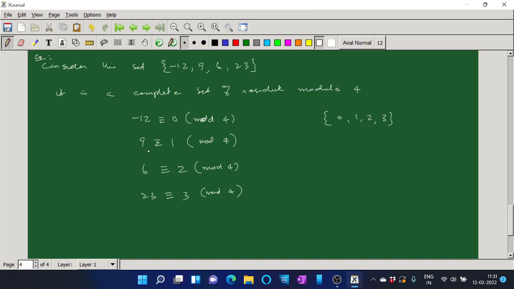So, minus 12, 9, 6, 23 form a complete set of residues modulo 4, since these integers are congruent modulo 4 to one of 0, 1, 2, 3 in some order. Such a set of integers is called a complete set of residues modulo 4.